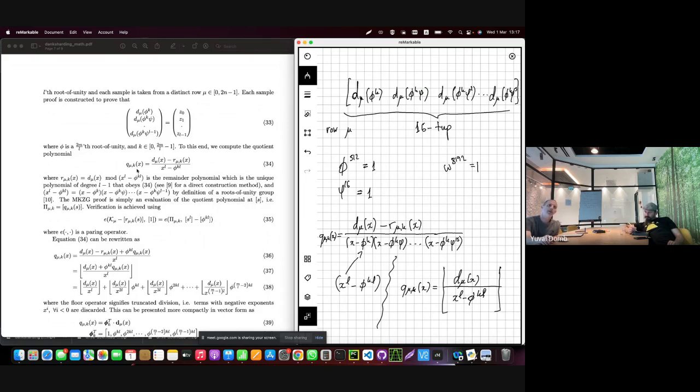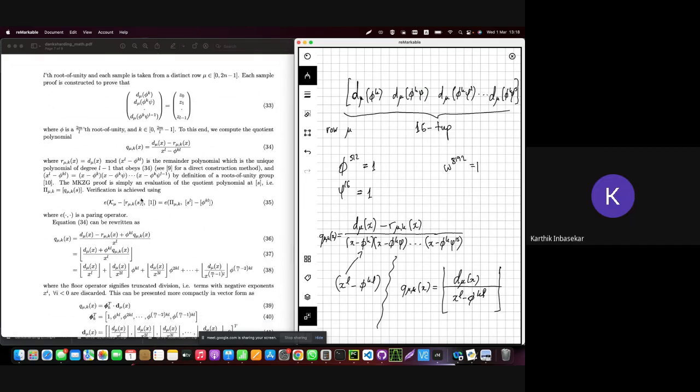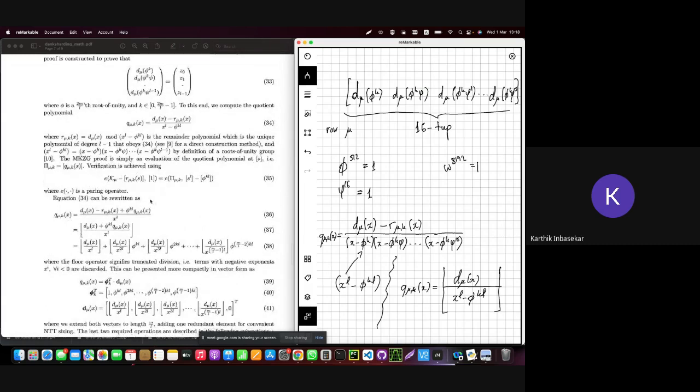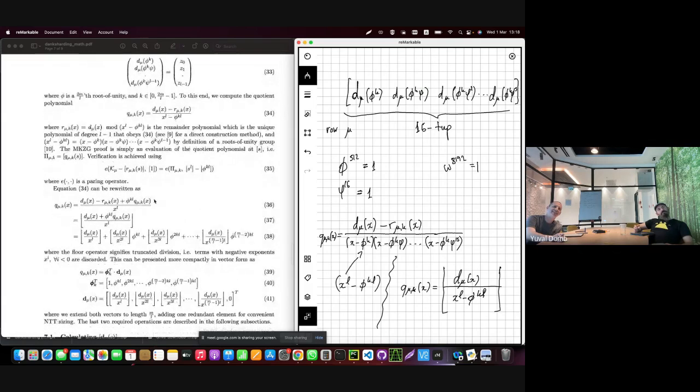So we're now going to present an efficient way of doing it, based on the Feist-Khovratovich scheme, also known as the FK scheme, right, Kati? Yeah, it's the Feist-Khovratovich.